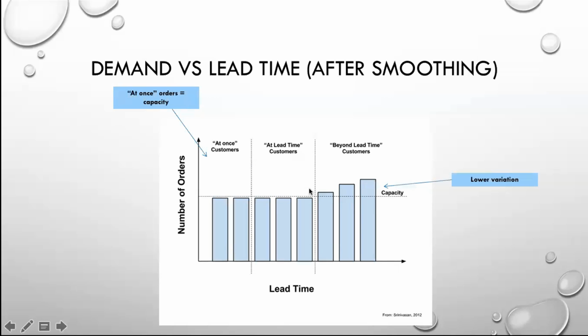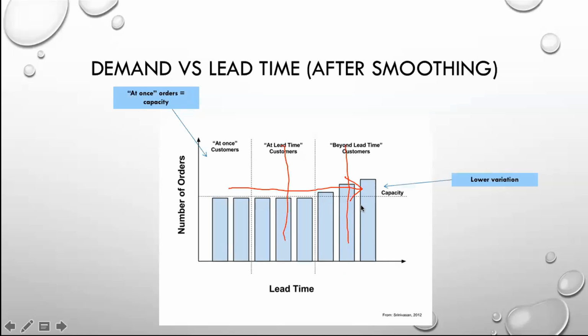So reducing lead times shifts your whole graph to the right, so that more of your beyond lead time customers become at lead time customers. Okay, so your bars will be like this instead of where they were. That's important to understand.